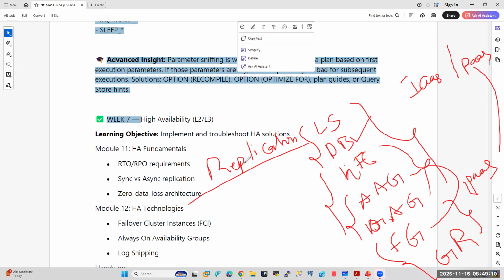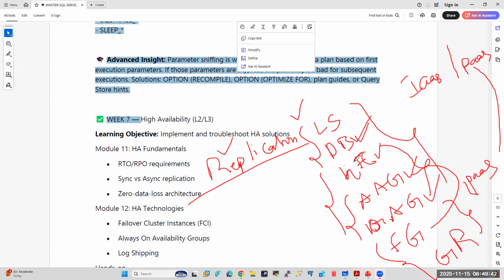For every concept, like log shipping, we'll discuss troubleshooting. Mirroring troubleshooting, cluster troubleshooting, AG troubleshooting, DAG troubleshooting, replication troubleshooting. We'll discuss how replication works, how to configure it, what the components are, and how to troubleshoot if something happens to replication.